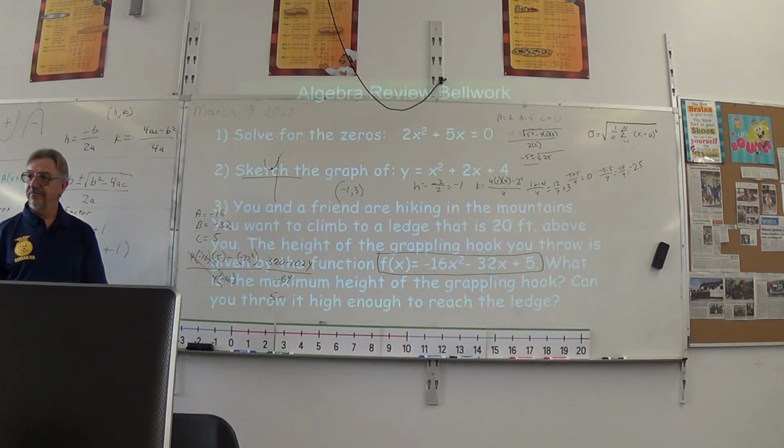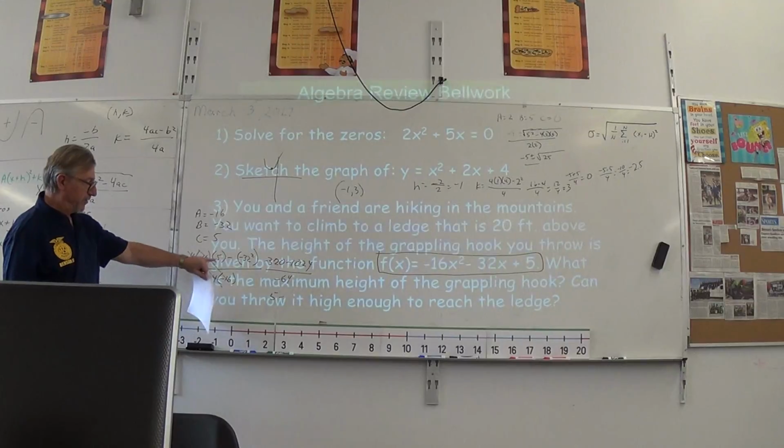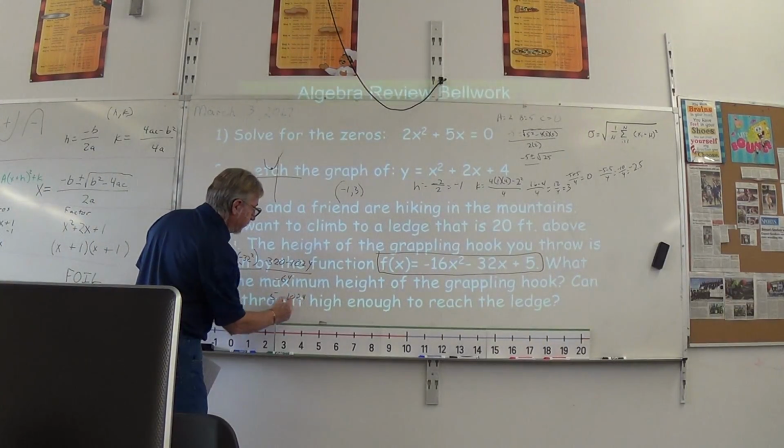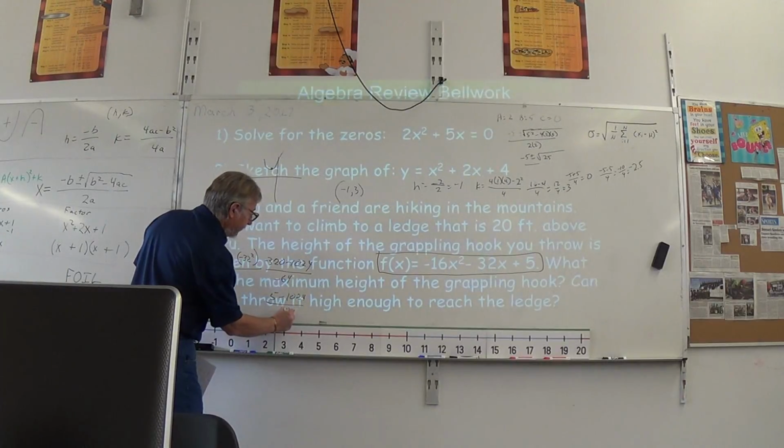You can, because you already have what you need. So that leaves me with 5 minus 1024 over -64.